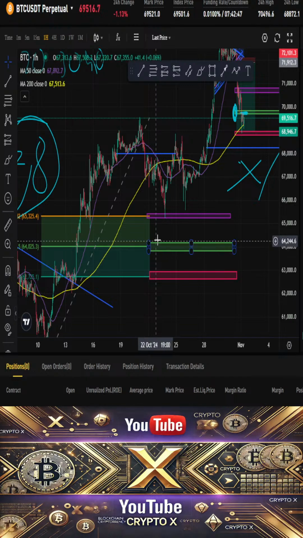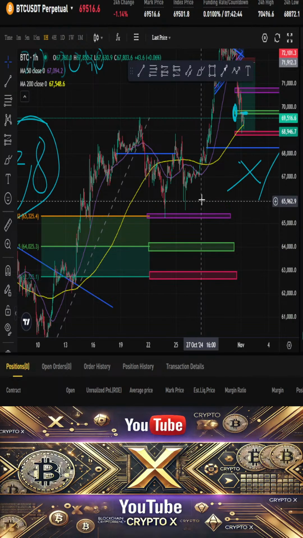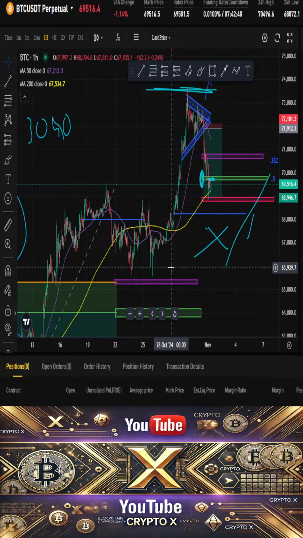If it is touching 0.5, then the trend will be stable, but it will go a little bit slow in 99% of cases. I can't guarantee you 100%, but in 99% of cases it happened.